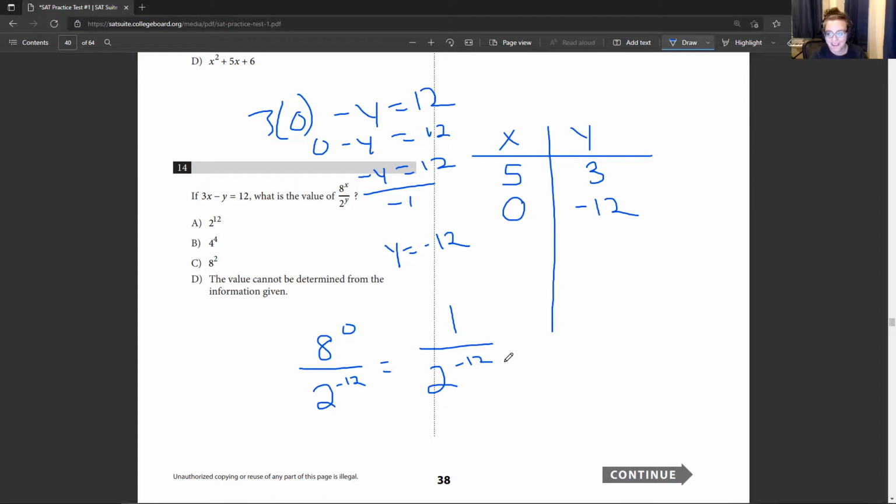Why? Because I'll look at my answers. Anytime you have something to the negative power, it's the same as if you took the reciprocal of it to the positive power. So like 2 to the -1 power is 1 over 2, right? So if you had it on the denominator, you would just stick it on the numerator. So this is equal to 2 to the 12th.